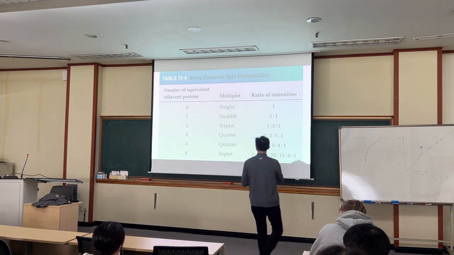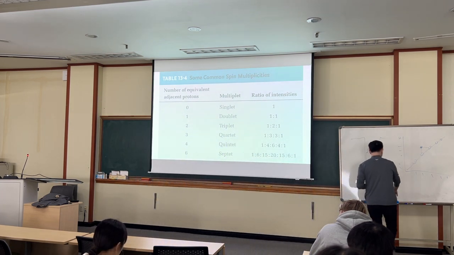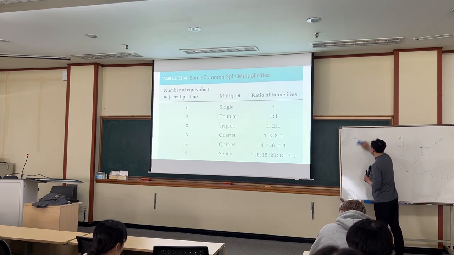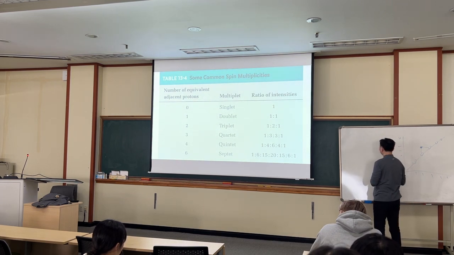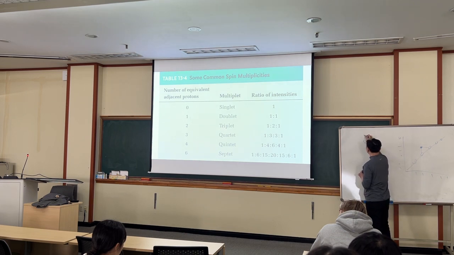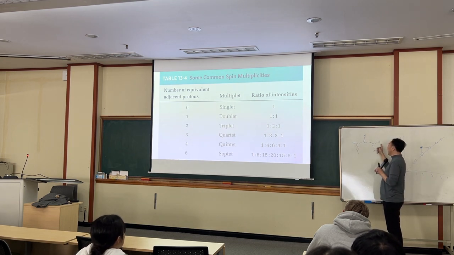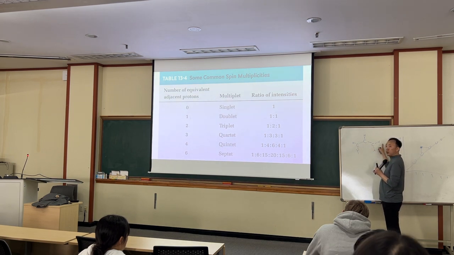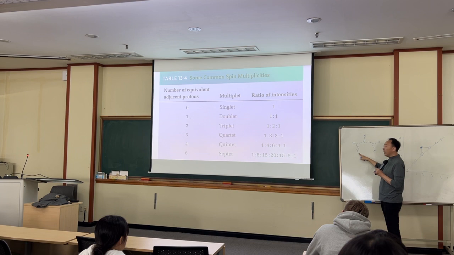Let me say it again. Here we are talking about the same protons nearby. If this one and this one are identical, if it's XX, the same, then with 1, 1 you have, this one will show you a triplet. But if this one is X and this is Y, if they are not identical, then the coupling constant between this and between this is not the same.